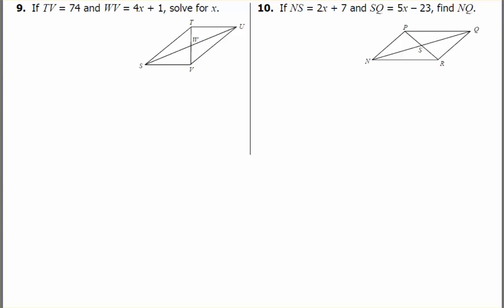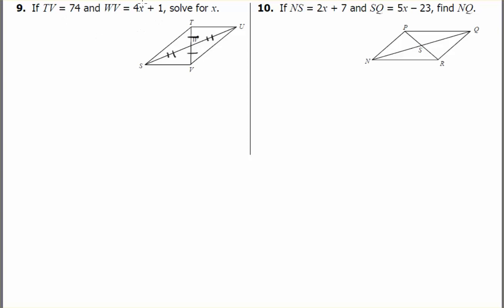So if you remember from the properties, the diagonals of parallelograms bisect each other. So bisect means that it cuts it in half. So each part of those diagonals are going to be congruent. So like here, TW would be congruent to WV, and then SW would be congruent to WU.